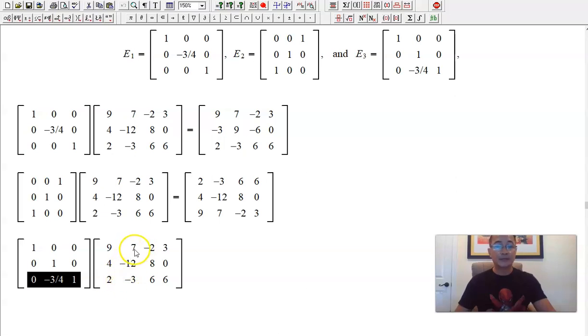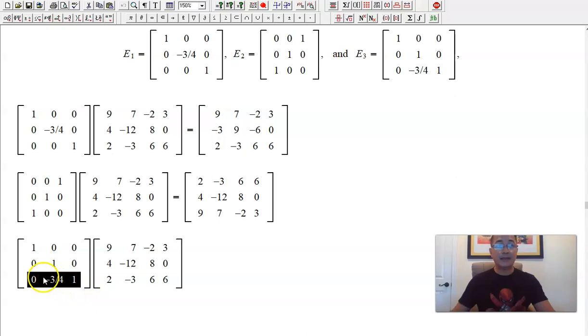Column 2, 7 doesn't contribute. -3/4 times -12, the plus 9. But we still have the 1 times -3, so we will get 9 minus 3, 6. So what's happening? We're multiplying every number in the second row by -3/4, and we're adding them to the corresponding entry in the third row.